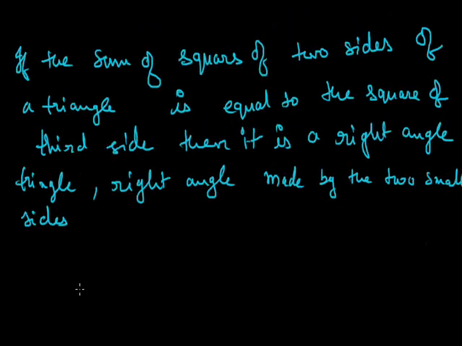That is, smaller sides means the sides which we have summed after squaring.